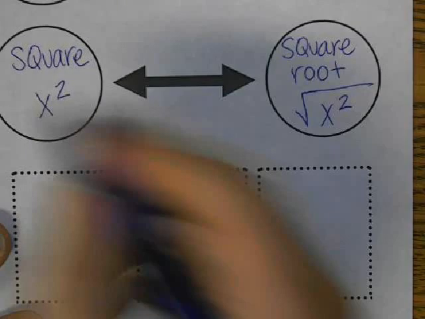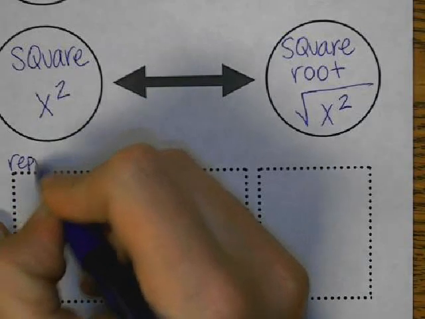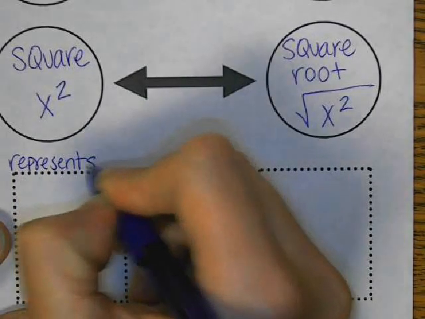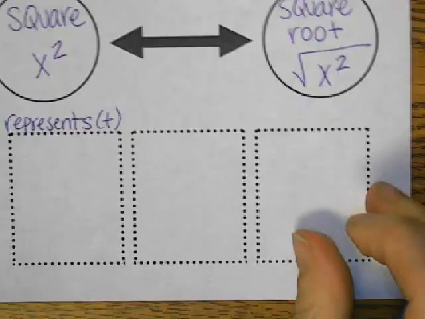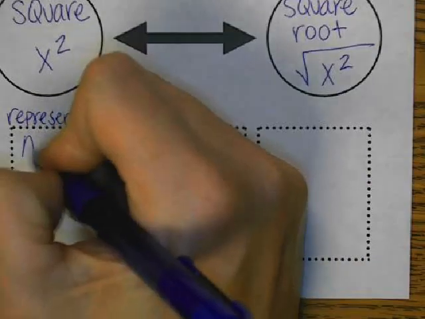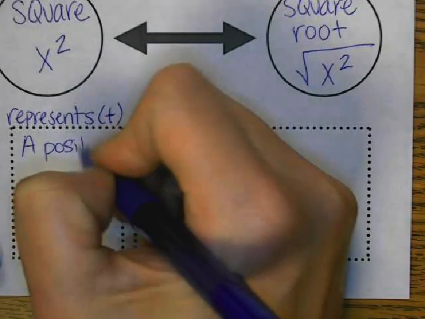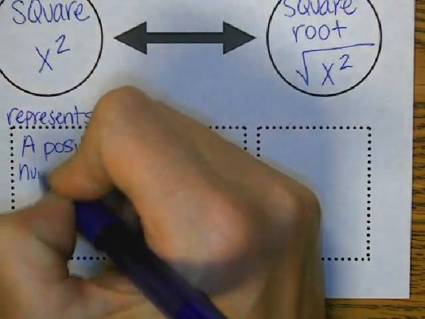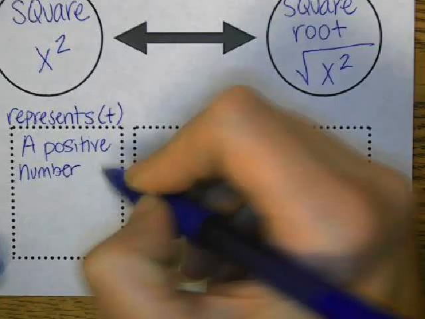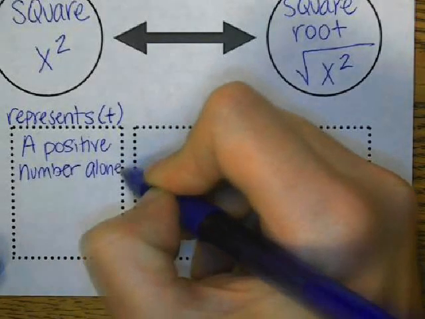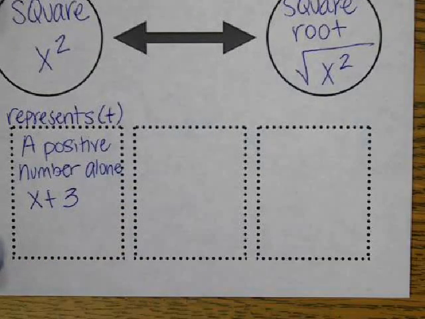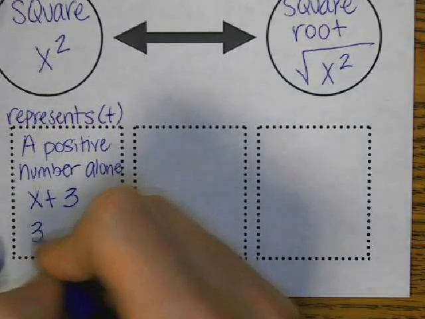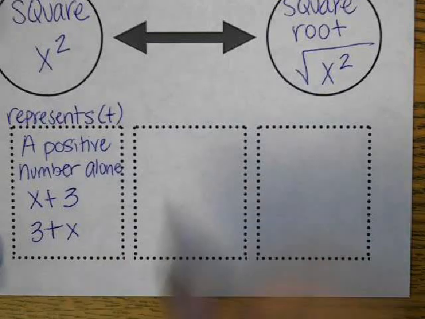Okay, so down here on the bottom, I wanted to talk about what it represents when it's positive, a plus sign or addition. So if I see a positive number all alone, that represents addition. So I might see x plus 3, or I might see it as 3 plus x.